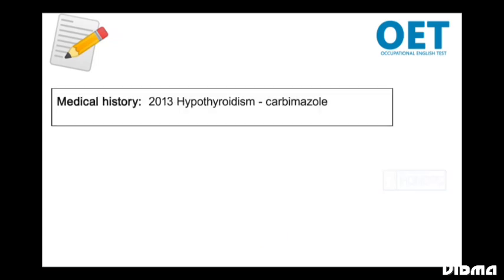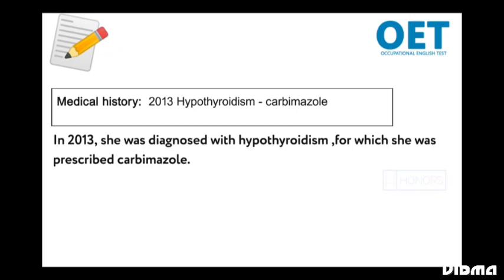2013, hypothyroidism, carbimazole. You can write this as, in 2013, she was diagnosed with hypothyroidism, for which she was prescribed carbimazole. I have used passive voice here, like she was diagnosed, she was prescribed.